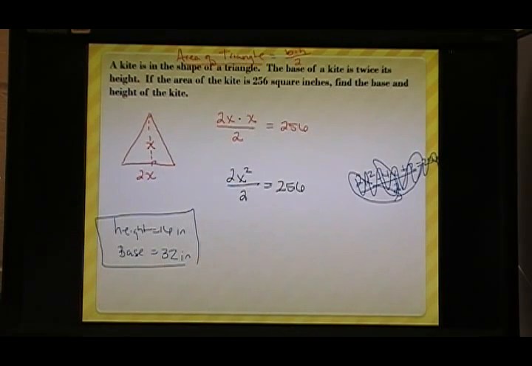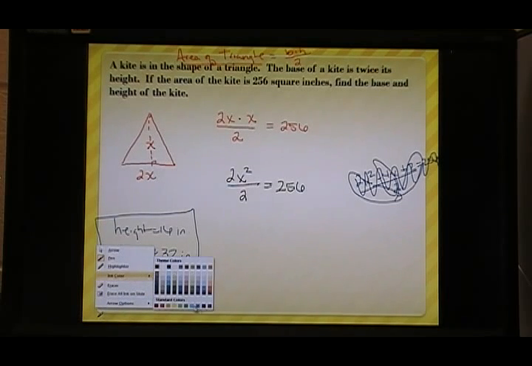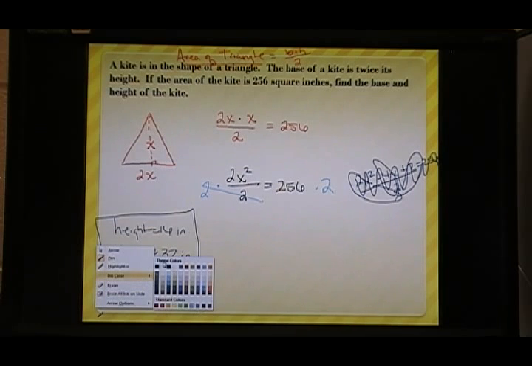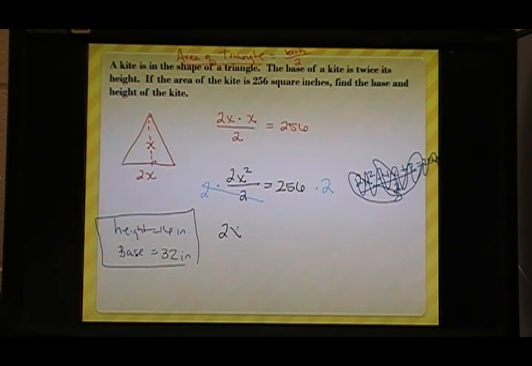So to get rid of this divide by 2, you can just start by multiplying both sides of your equation by 2. That cancels that, and you have then 2x squared equals 256 times 2 is what? 512?